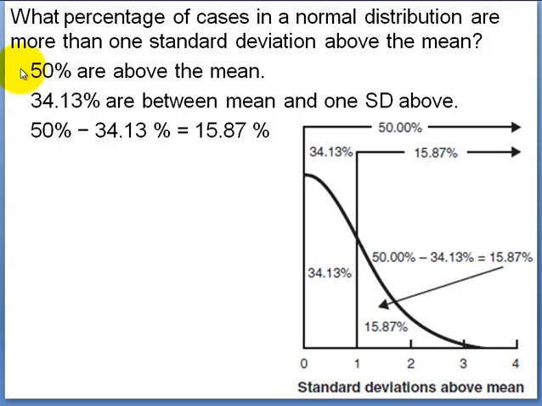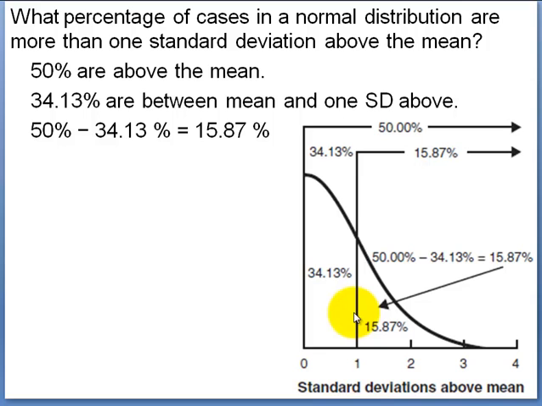You know by definition that 50% of cases are above the mean. The prior slide, as well as our computations, demonstrated that 34.13% of cases are between the mean and one standard deviation above.